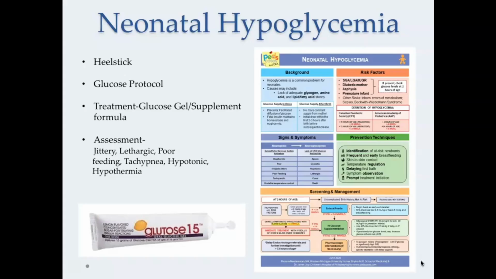So you want to make sure that you're aware of all those risk factors, and depending on those, we have a set algorithm as well that determines newborns who need to have their blood glucose checked following delivery. So not all newborns have to have their blood glucose levels checked. It just depends on the risk factors, how much the baby weighs, their size, and whether the mom was diabetic or not, and if the mom received beta blockers during her labor and delivery.